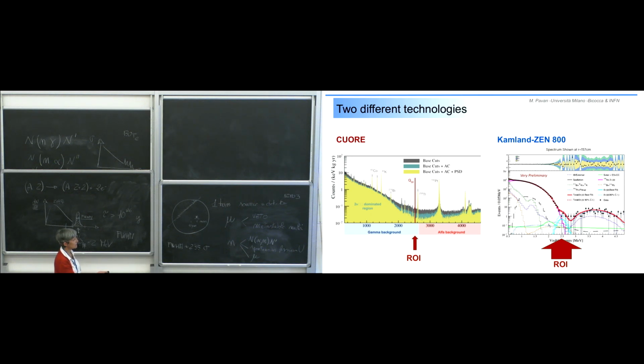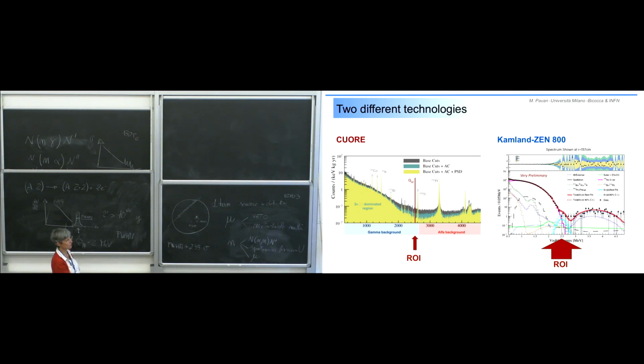And this line is the region of interest, okay? Where the candidate is tellurium 130, and the line should appear here with the width of this same line that you see here. This is the same for KamLAND-Zen, and the signal should be here.